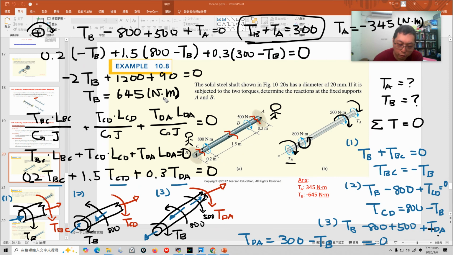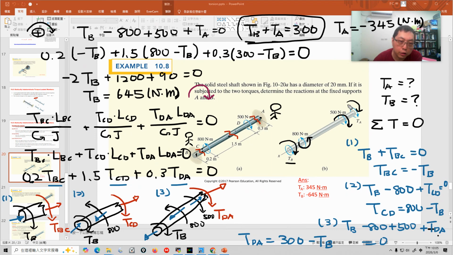Okay, let's look at our initial assumption. Our initial assumption is TB rotating in this direction, and we get a positive answer. That means it's really rotating in this direction.